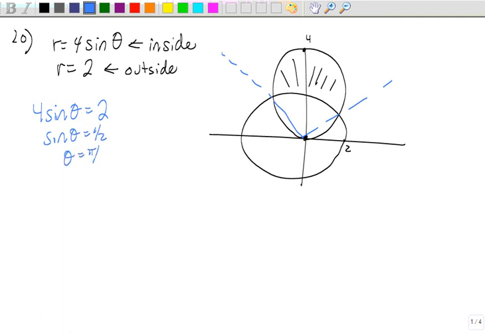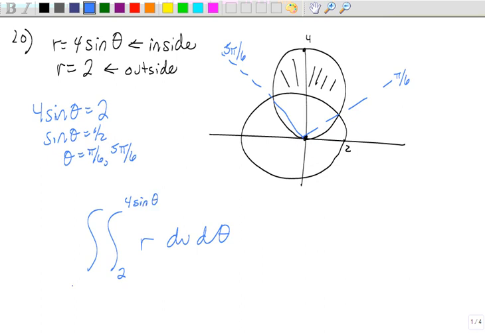We get pi over 6 and 5 pi over 6. Okay, and I want, again, the area of that, so I'm just going to integrate r dr d theta. And for r, I want to go between 2 and 4 sine theta. And my theta, I want to go between pi over 6 and 5 pi over 6. And again, I'm just going to set that up and let you integrate. That's not a hard integral.